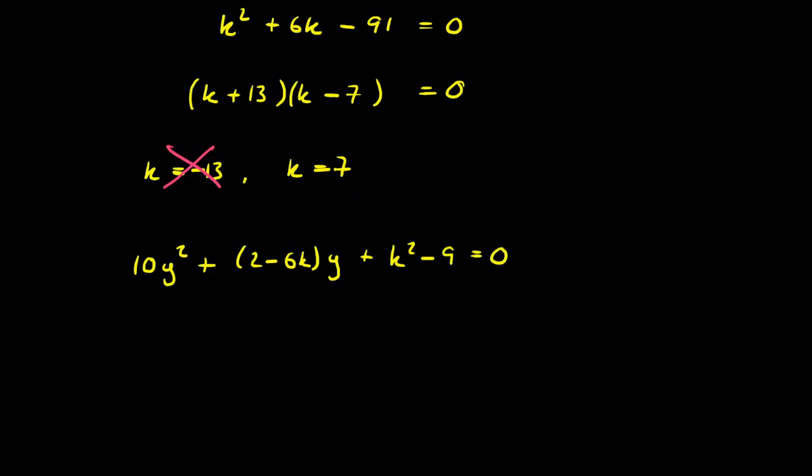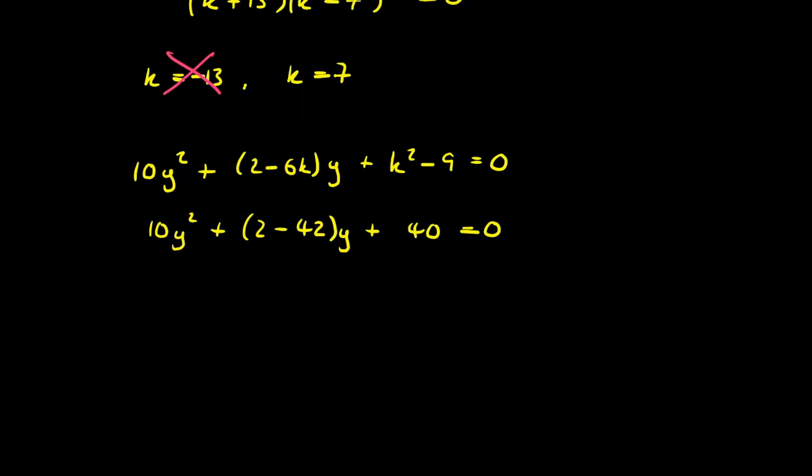Okay, well then let's just simplify this by substituting in k is equal to 7. We get 10y squared plus 2 minus 6 times 7, which is 42, y. Plus k squared is 49, minus 9 is 40. We've got 10y squared minus 40y plus 40.